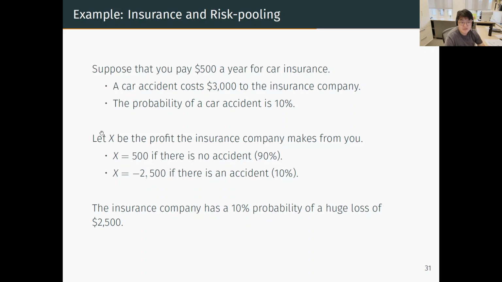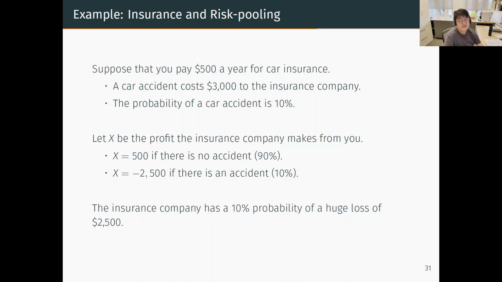Suppose that X is a random variable that is the profit the insurance company makes from you, right? It is random because it depends on whether you have an accident or not. So the insurance company makes $500 with 90% because there was no accident.